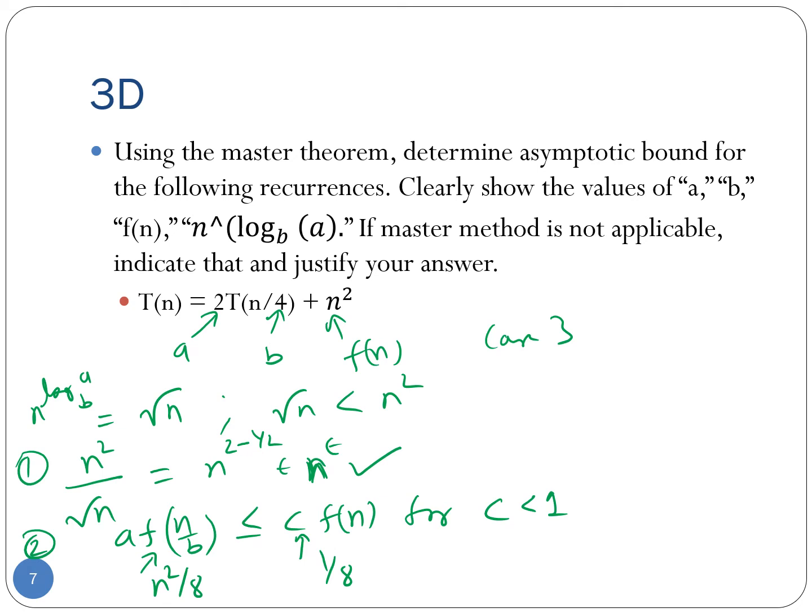Okay, and therefore the regularity condition also is satisfied, so case 3 applies. Now case 3 implies that T of n basically belongs to theta of f of n, which is simply theta of n square in this case. So this is our answer.